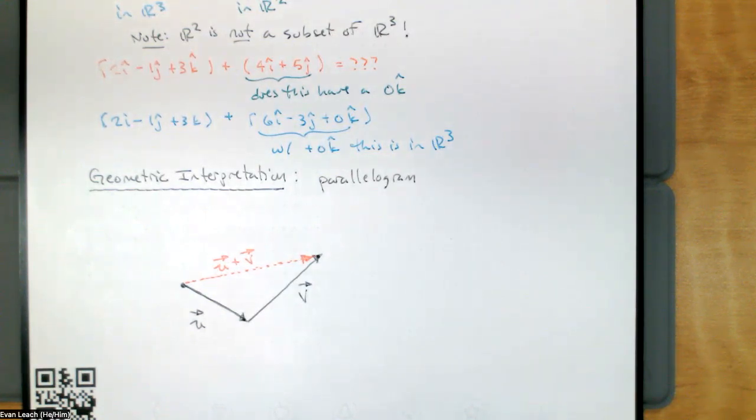We should note that this is the same as v plus u. If I drew the vector v and then attached the vector u, we would end up at the same place.